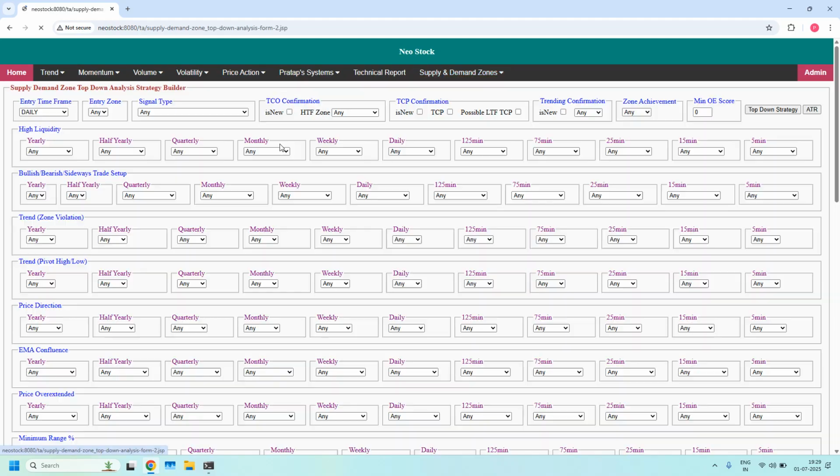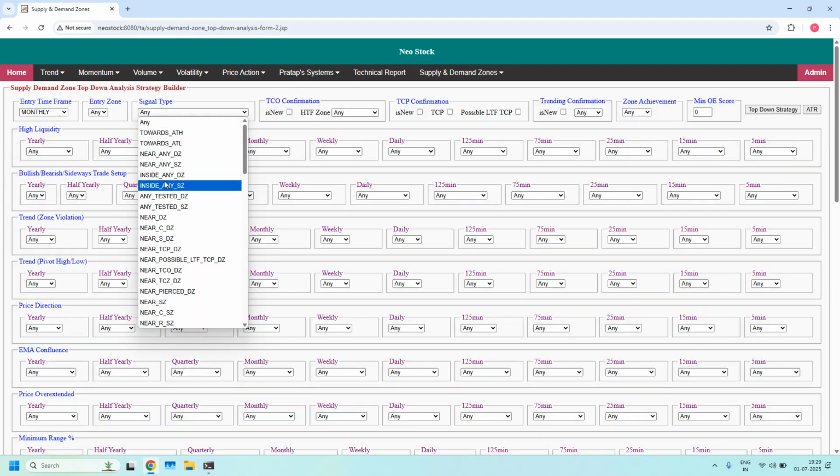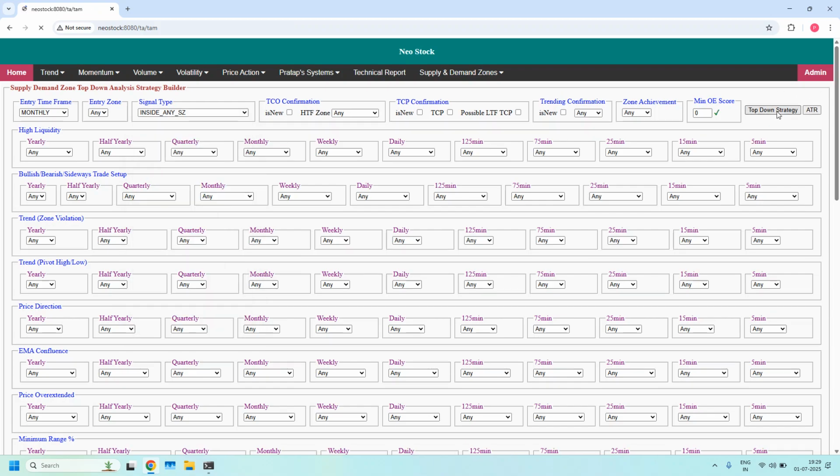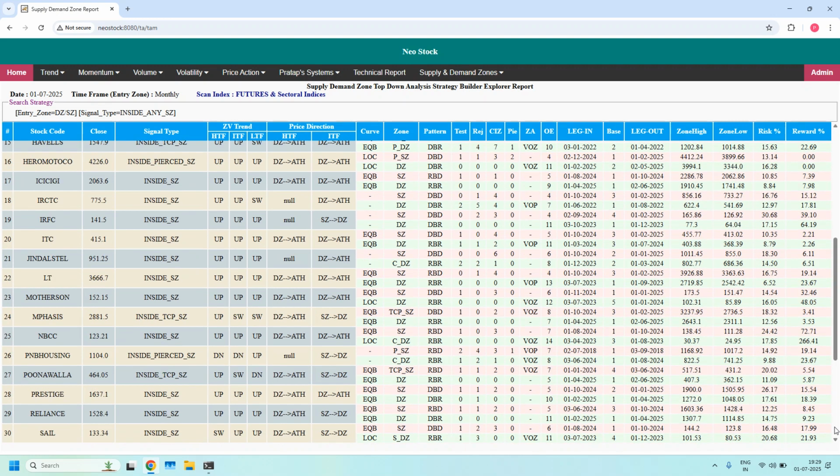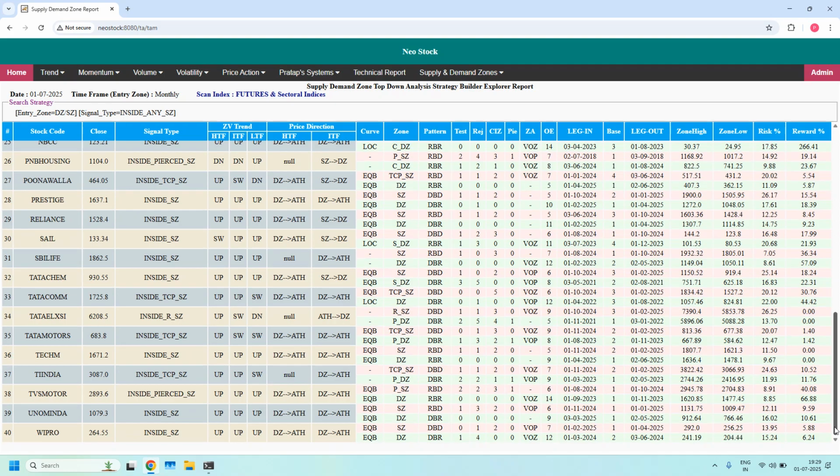Next, price closed inside the monthly supply zone. First 15 stocks in the list. Scrolling the list down. Forty stocks are filtered.